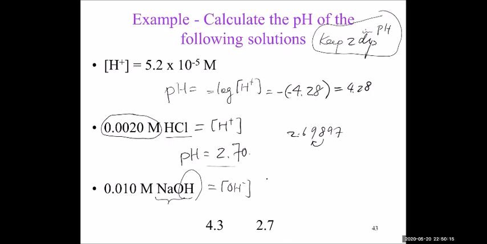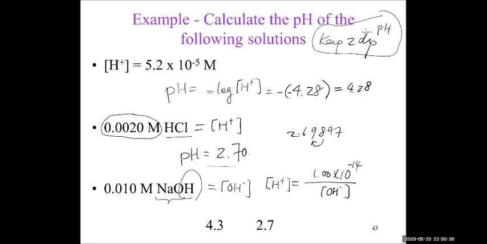And then you have hydroxide, but no hydrogen ion yet. We need to calculate. Use 10 to the negative 14 to calculate, as we mentioned earlier in the examples.